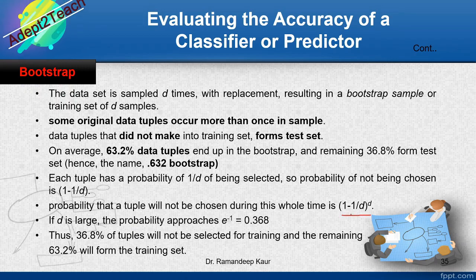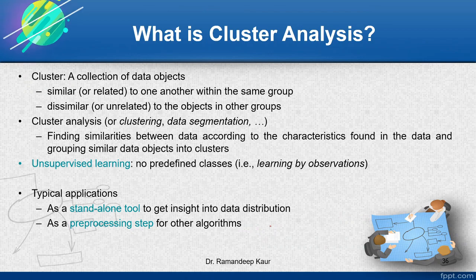If this data set is very, very large, then the probability of tuples which are not selected at all is 0.368. So that was all on how we identify the accuracy of a classifier. Next is cluster analysis.